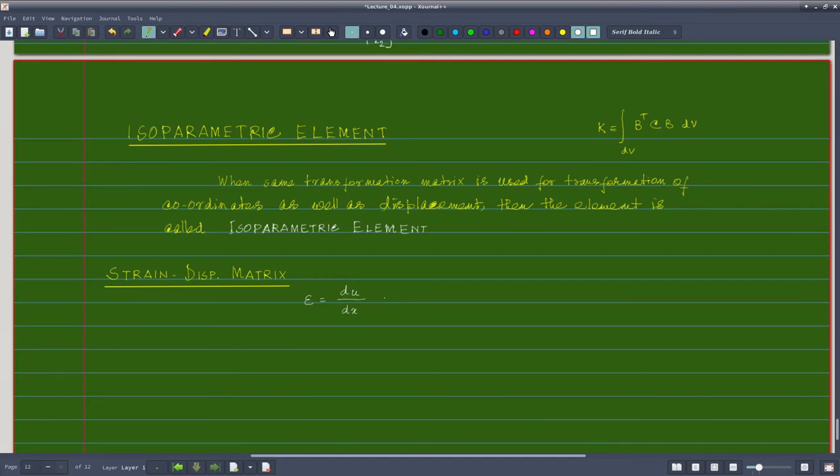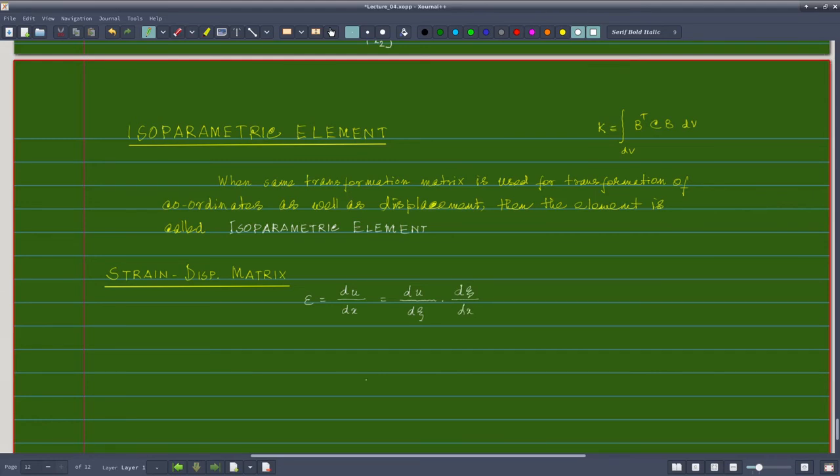And this du dx I can write now in terms of the natural coordinate, du d xi times d xi dx, by the chain rule of differentiation.